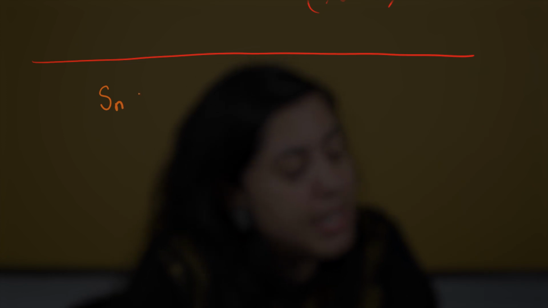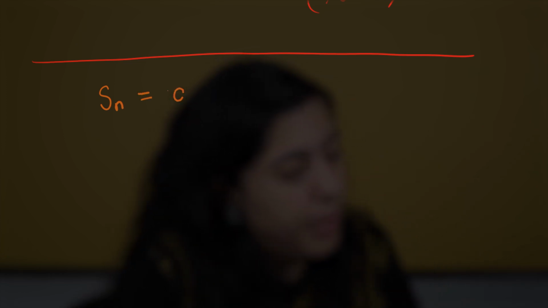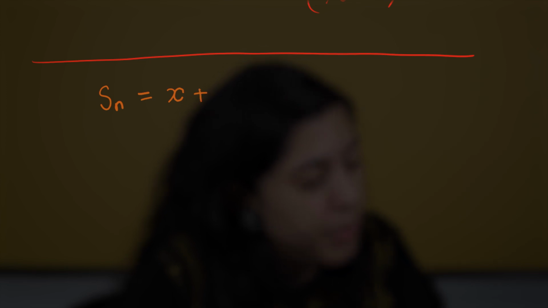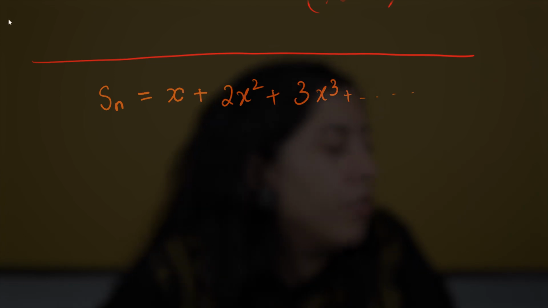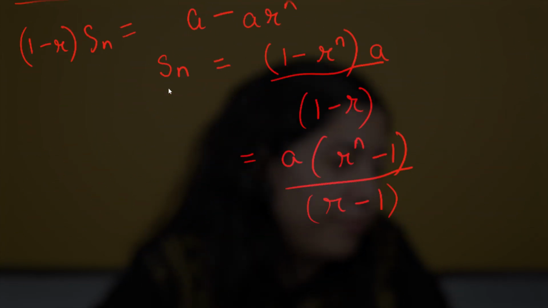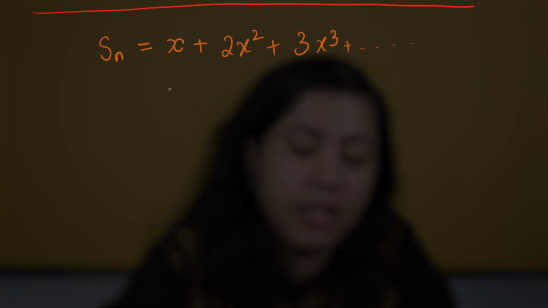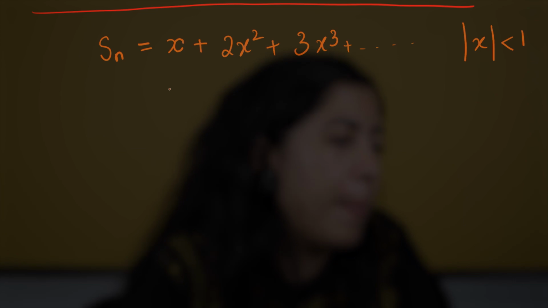So let's assume the sum of this sequence as S is equal to x plus 2x squared plus 3x cubed, and also it is given that mod of x is less than 1. That is a necessary condition to find an infinite sum of a geometric progression.